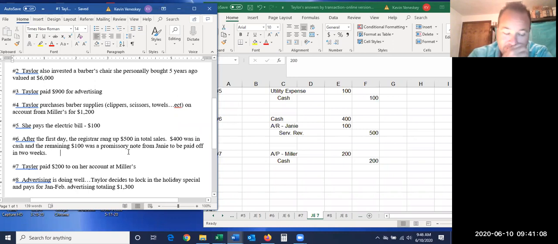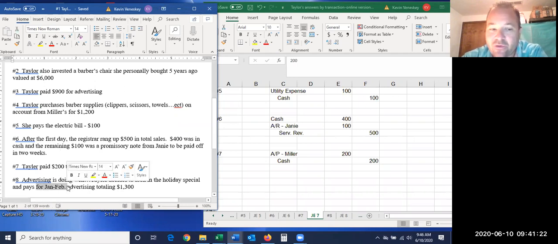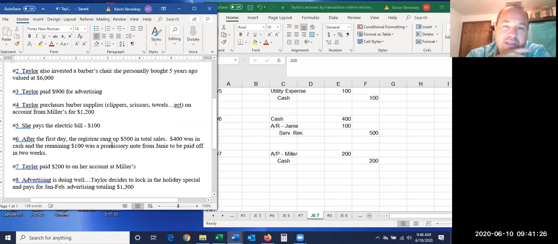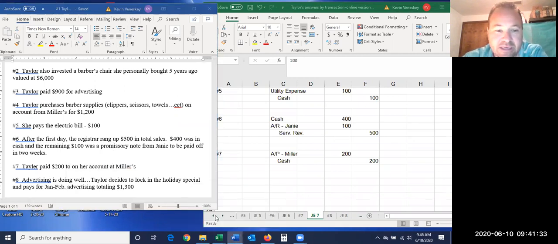Okay, our last example. Advertising is doing really well, and we want to take advantage of getting advertising for next year. So we go ahead and buy it now. But it's not going to go into effect until next year, until January and February of next year. So whenever we get the benefit of something, we always call it an expense. But remember what the expenses say.